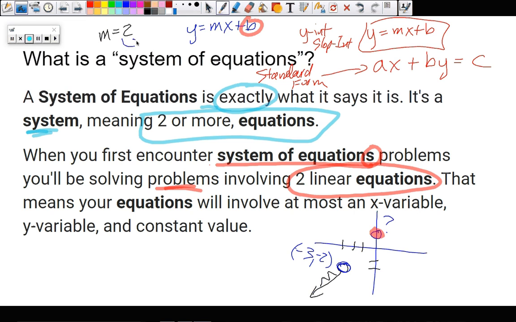I know my slope from rise over run is 2. Now what I'm going to plug in for x is this x value right here. What I'm going to plug in for y is this y value right here. It's any x or any y value that would lie on that line that you can use to solve for b.